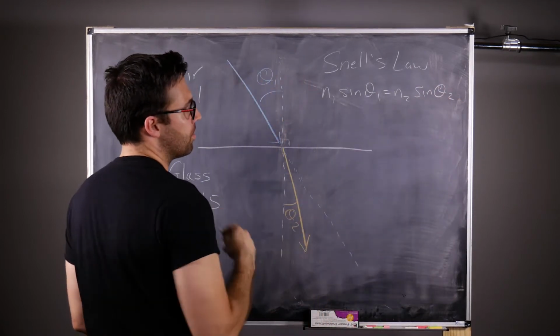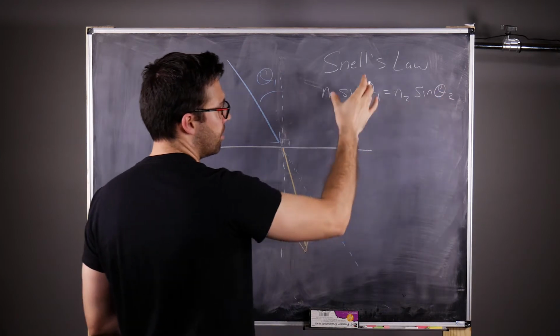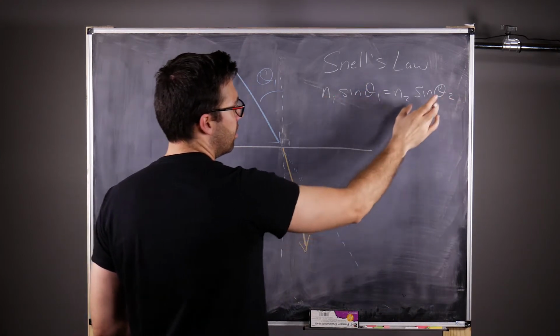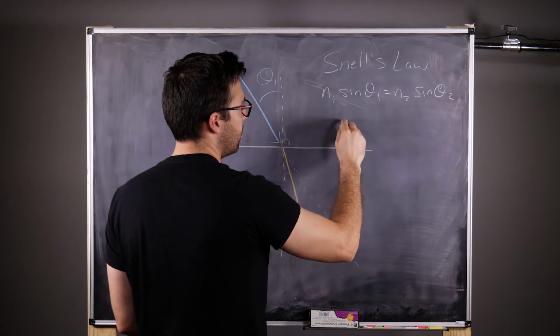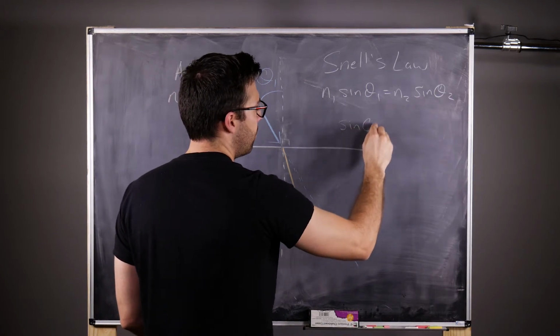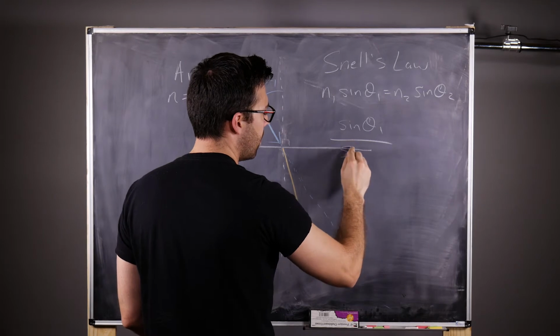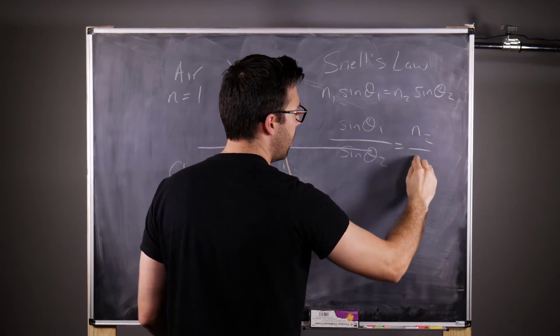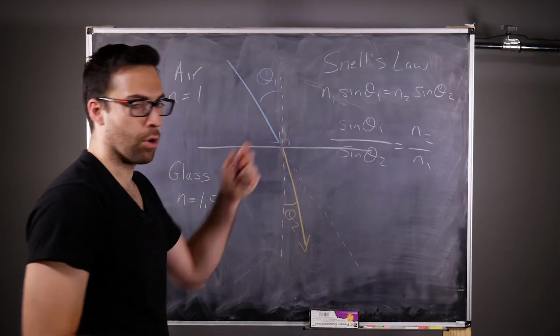Sometimes you'll also see this rewritten just by rearranging the terms. We'll move sine of theta 2 to this side and n1 to that side. So you can also see this written as sine of theta 1 over sine of theta 2 is equal to n2 over n1. These are both equivalent.